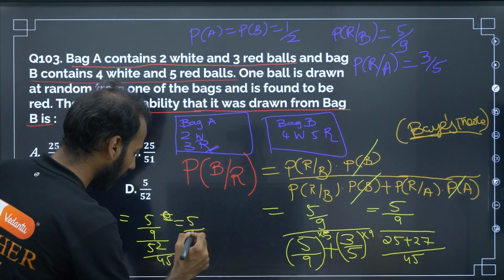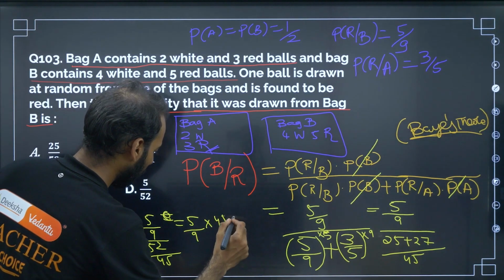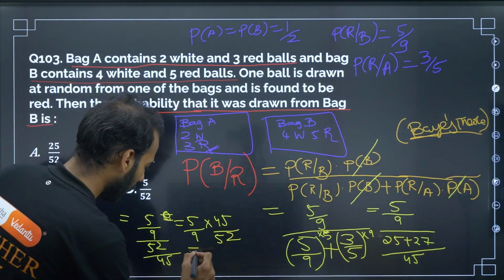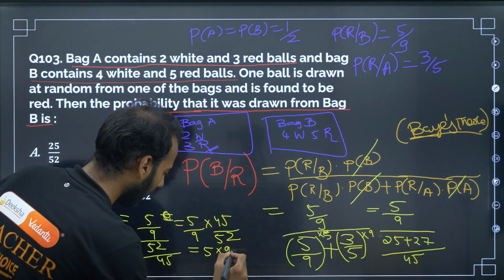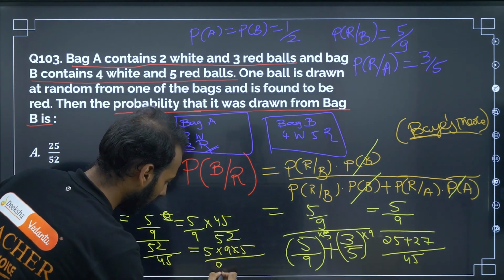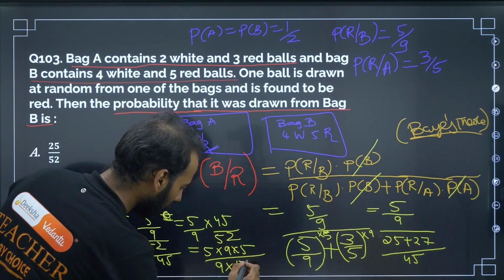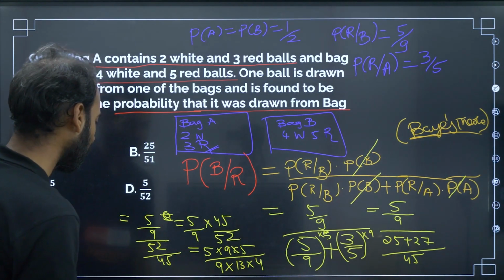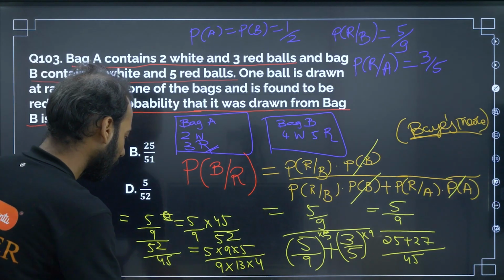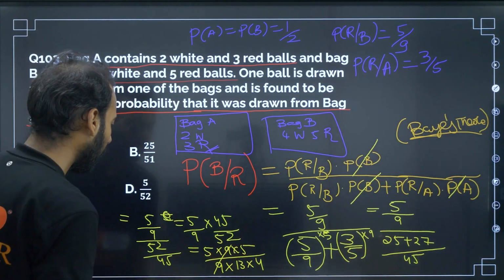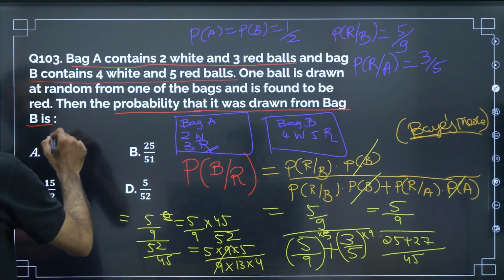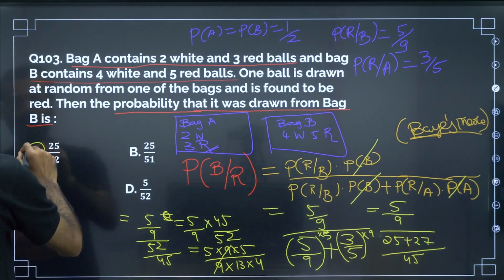So 5 by 9 into 45 by 52. 5 into 45, 9 into 5. Next 9 into 52. Now you see what all the things are getting cancelled. 25 by 52. Is it there? A is the answer. Moving on to the next question.